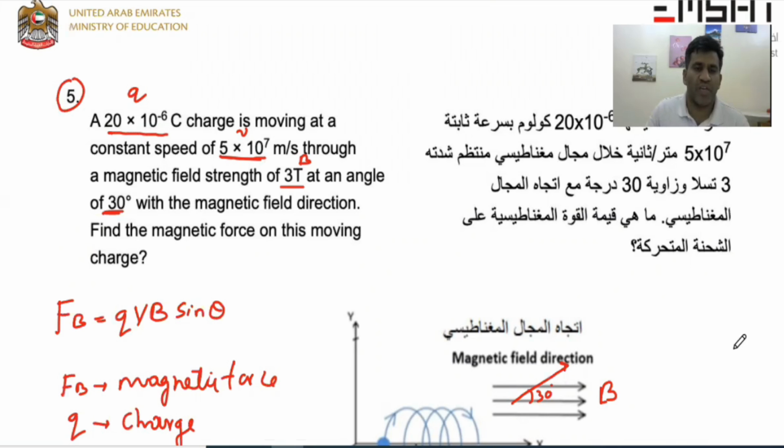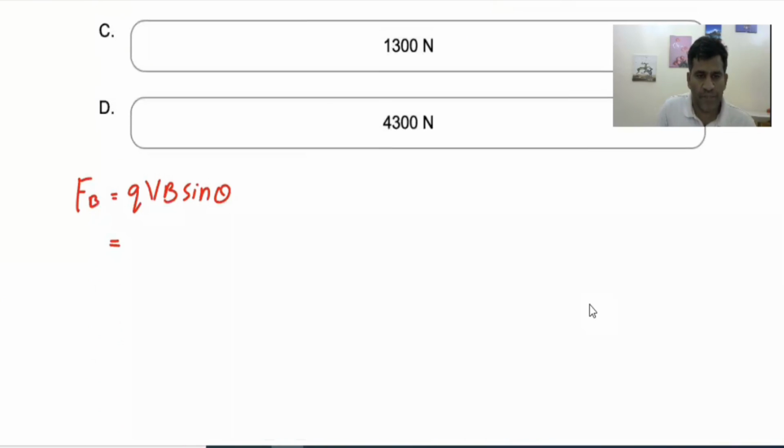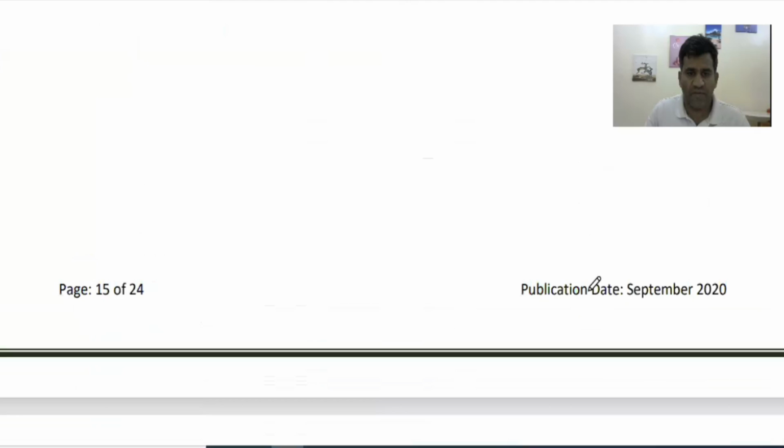So substitute 20 into 10 to the power negative 6 coulomb as the charge, times the speed, 5 into 10 to the power 7.